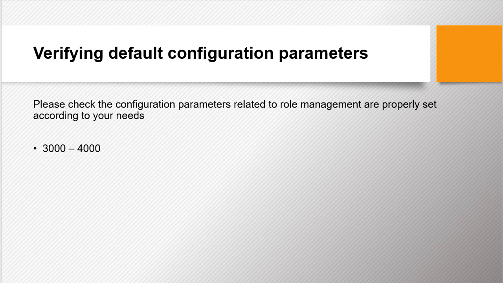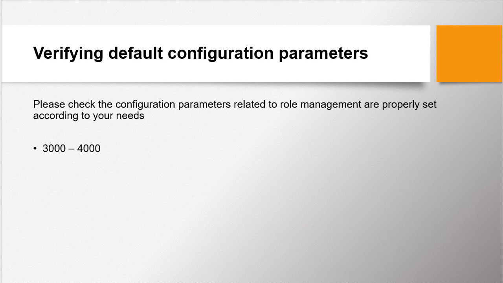Now, most of the parameters that you have in the configuration are related to role attributes. We have to remember that. So depending on what parameters you set in the configuration, the BRM will behave accordingly.